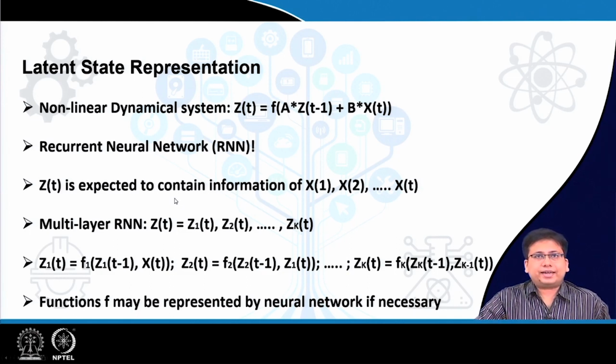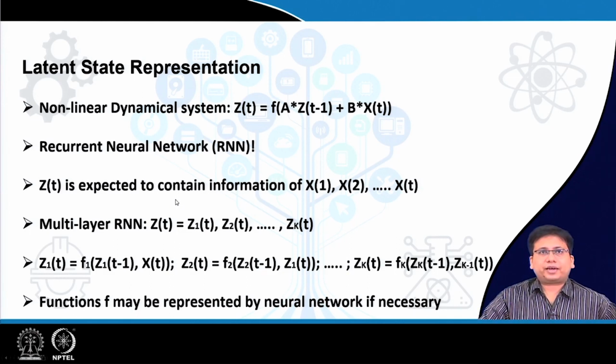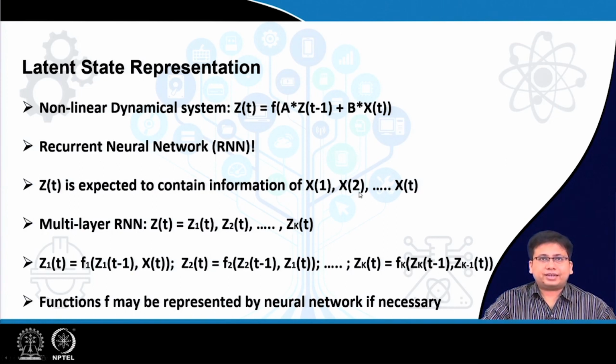Now, z_t, the system state, is expected to contain the information of all the past inputs x1, x2, etc. z1 takes in x1 and is a representation of x1. z2 takes in z1 as well as x2, but z1 contains x1, so z2 will contain x1 as well as x2. Similarly, z3 will contain x1, x2 and also x3 which we receive at the input, and so on.